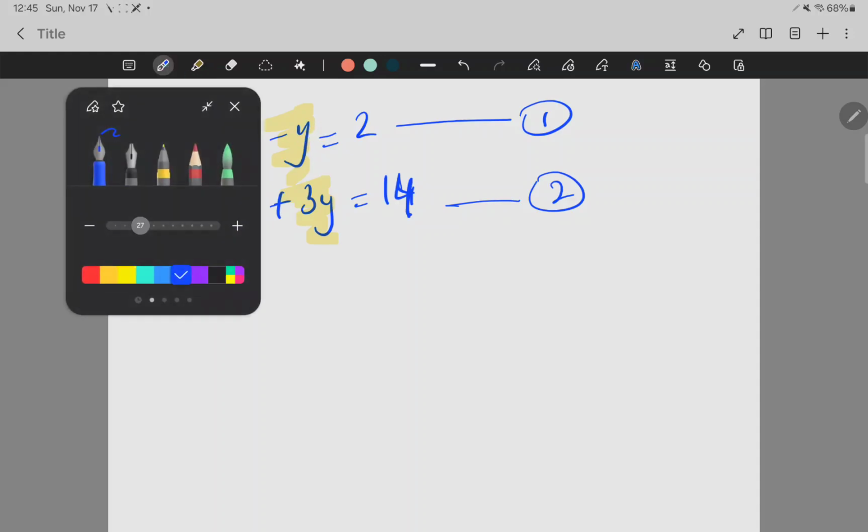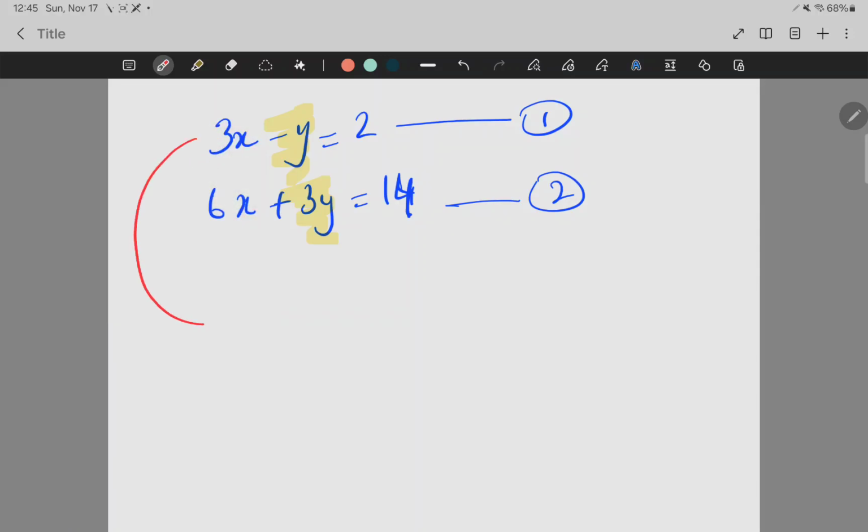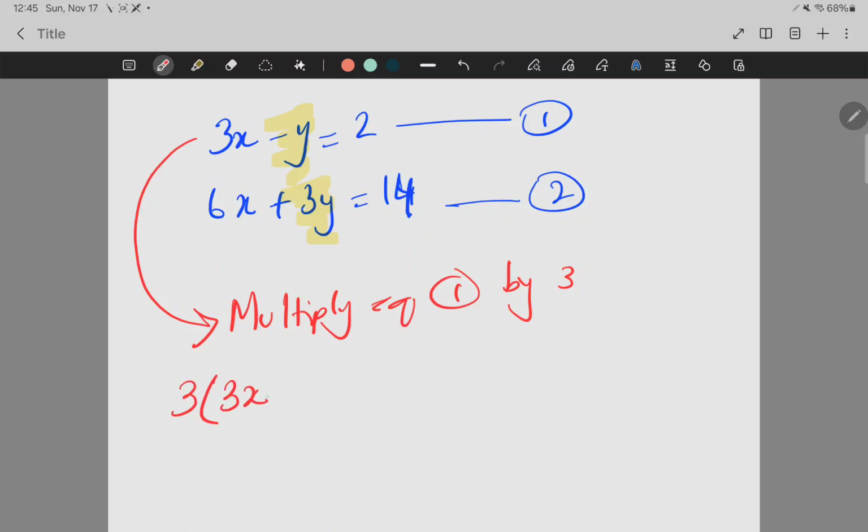So what we can do is take this whole equation and multiply equation 1 by the number 3. All of it, all right? So 3 times 3x minus y equals 3 times 2.